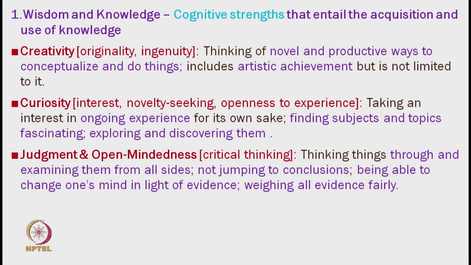It is not that you have limited information and on the basis of this limited information you give a decision or take a judgment, but all kinds of information required for a particular decision or judgment, not jumping to conclusions easily, being able to change one's mind in light of evidence, weighing all evidence fairly. So, broadly each and every aspect of the event or situation should be perceived before taking a judgment or decision, and that way open mindedness is required. That is another character strength.